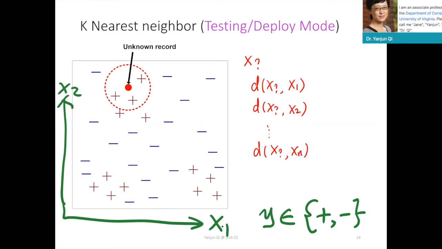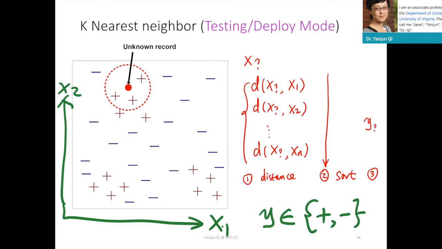I need to calculate this first, and after I get this, I need to do a sorting. So step 1, distance calculation. Step 2, sorting. And then step 3 is to make the Y question mark prediction. So those are the 3 steps.